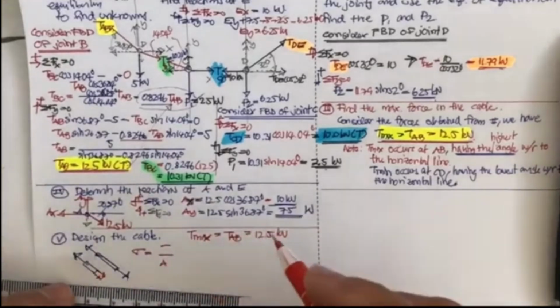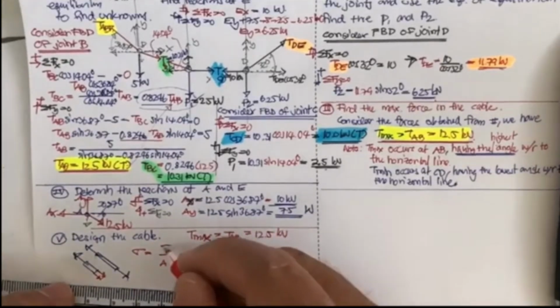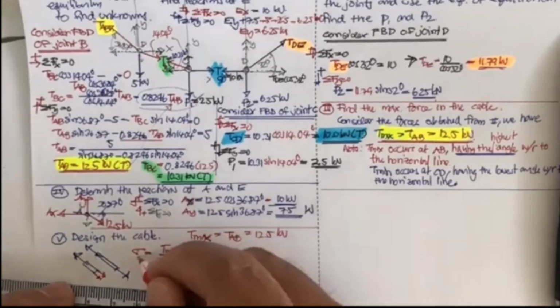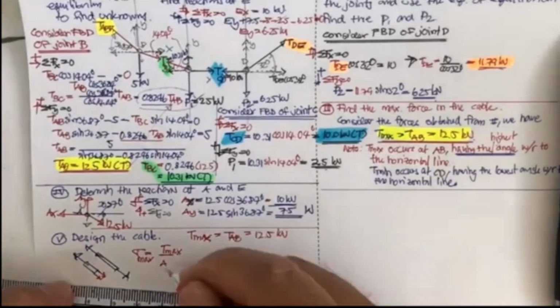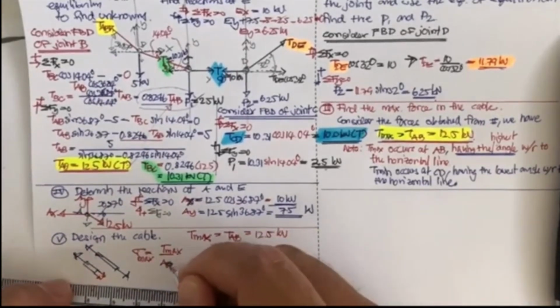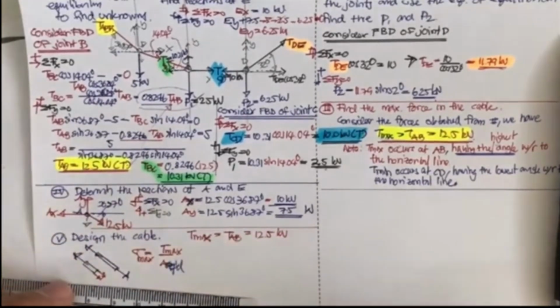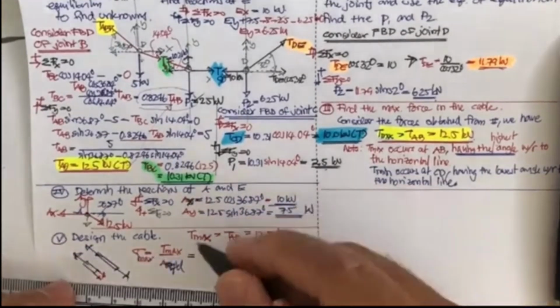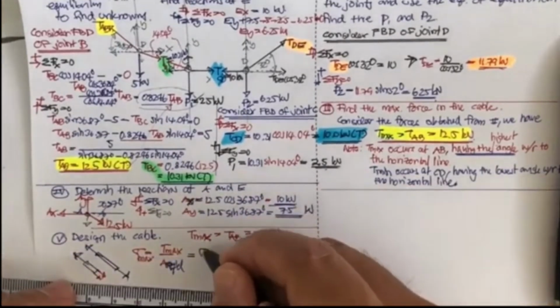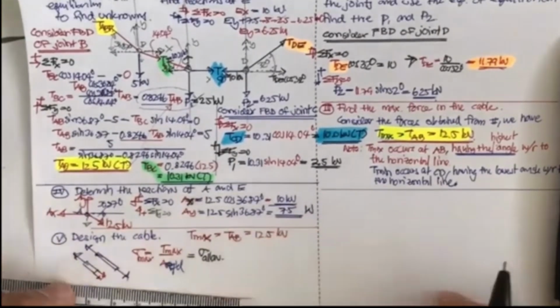Since T max will produce sigma max, in the design we are going to find the area A, and we always set this sigma max as high as sigma allowable.